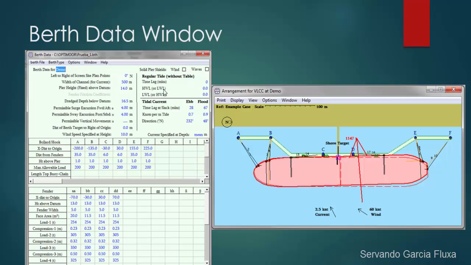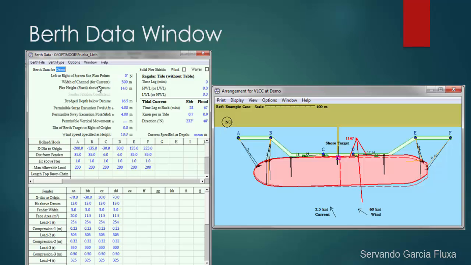Something that you have to take into account with OPTIMOOR is that OPTIMOOR measures the angles or the directions of the waves or the winds relative to a particular direction of the north. That is, OPTIMOOR understands that the north is facing the right side of the screen, as you can see here in this drawing.